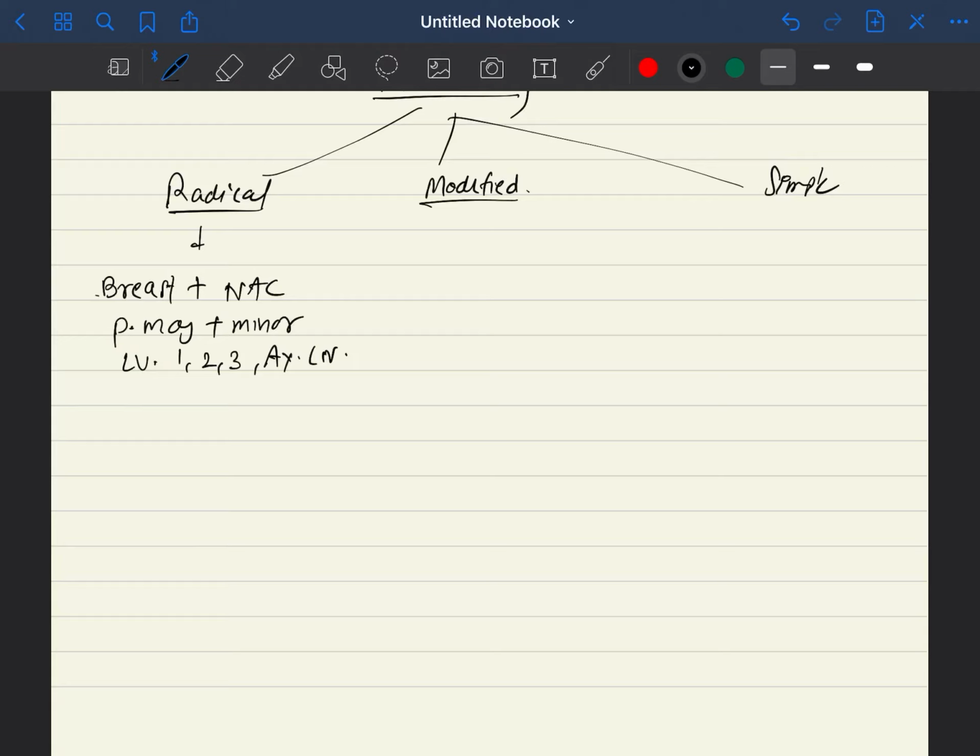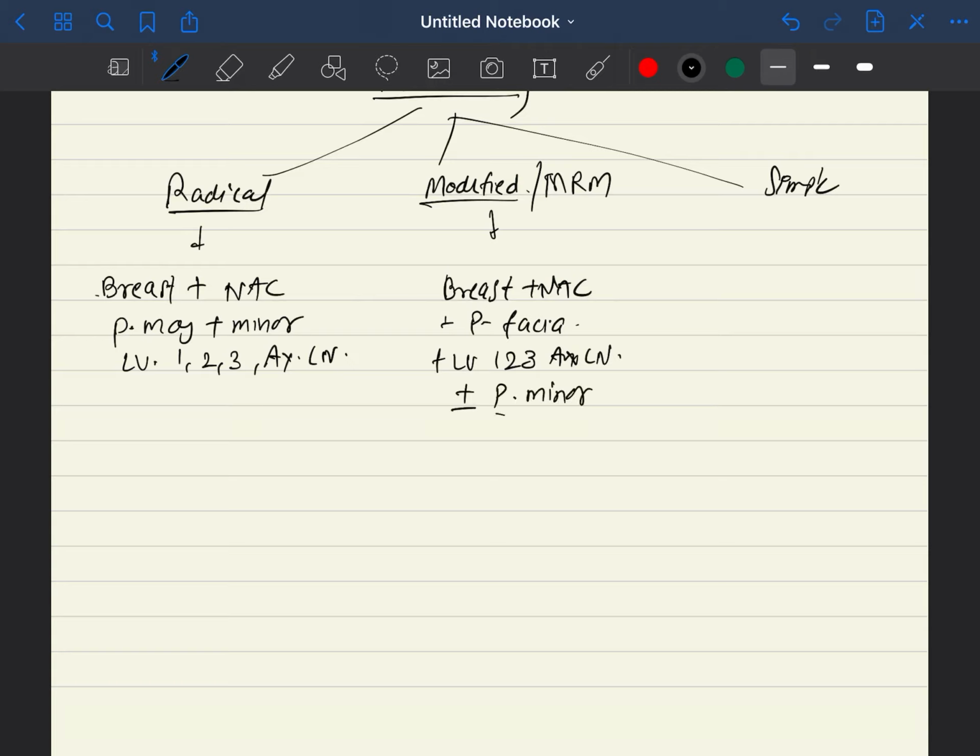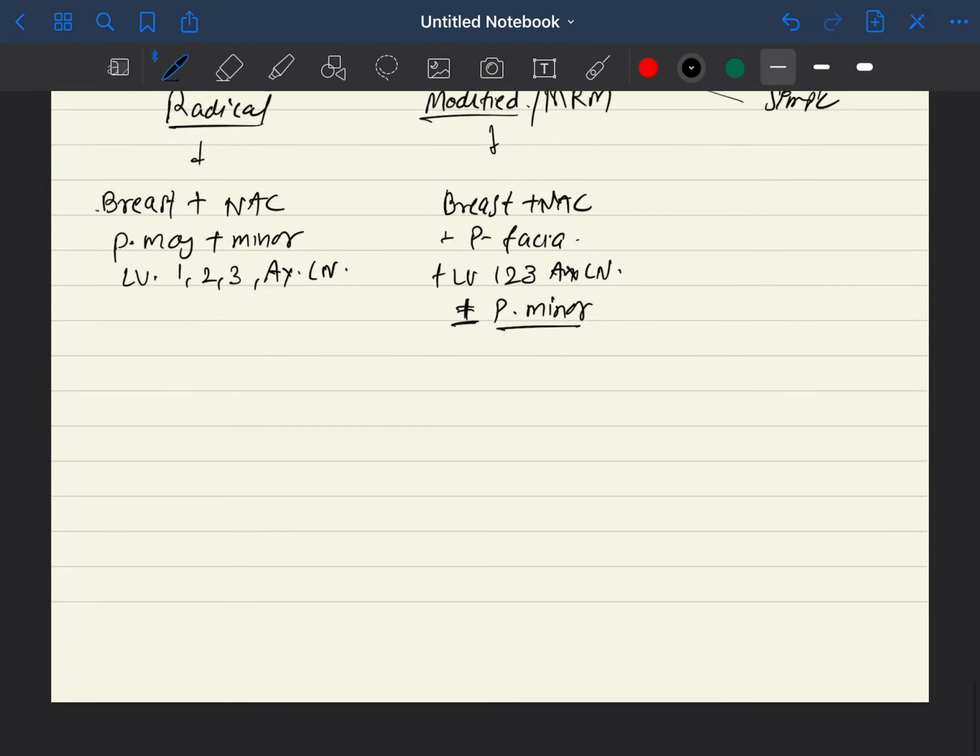Modified breast surgery, we can also call it modified radical mastectomy. In this, we remove breast, nipple areola complex, pectoralis fascia, all right, level 1, 2, 3 axillary lymph nodes, or pectoralis minor muscle if you want, so it's plus or minus.